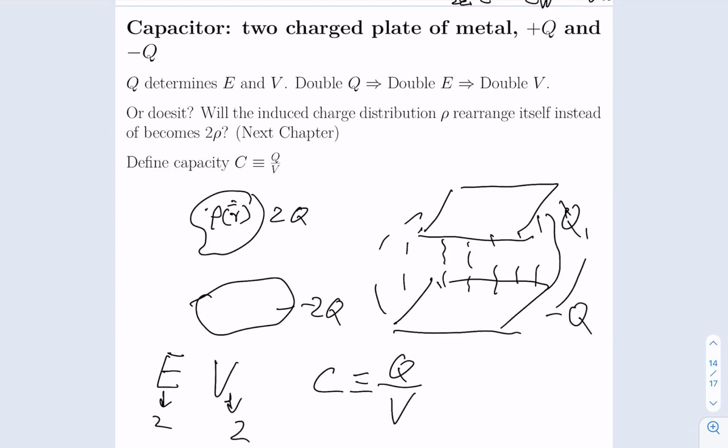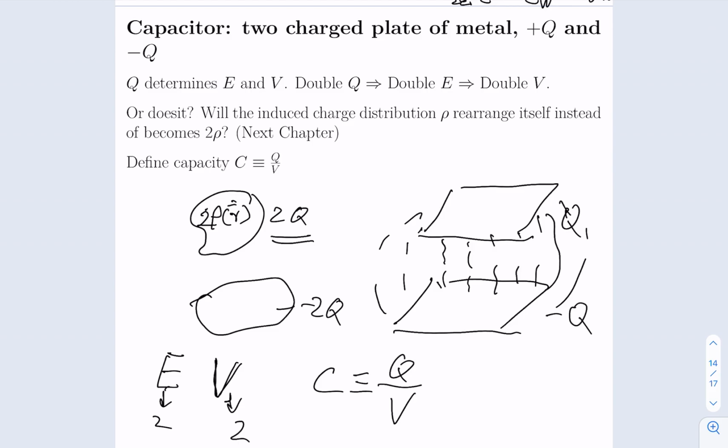So when you double this total charge, it's not guaranteed that the surface charge here will become double, right? It can rearrange itself to a slightly different pattern. And if that's the case, then we are screwed up. Really, it's not guaranteed that the V or the E field will be doubled. It can be a complicated and different problem.